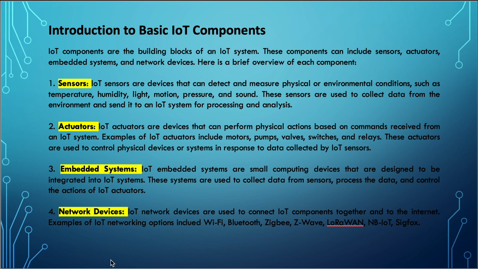IoT network devices are used to connect IoT components, the above three components, together and to the internet. There are two features to it. Network is there to connect sensors, actuators, and embedded systems together to make the IoT device, and to connect that IoT device to the internet.